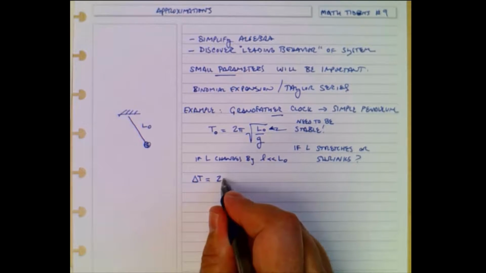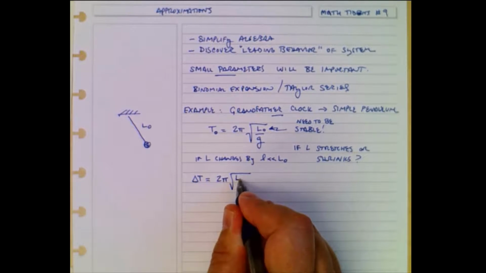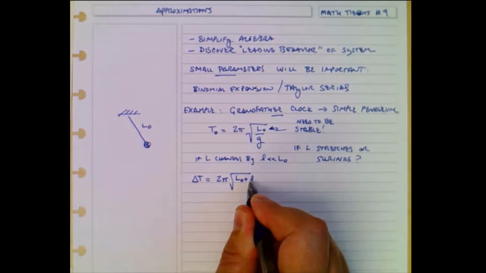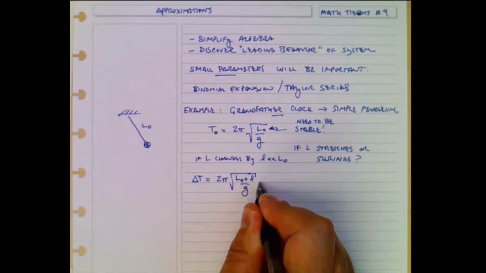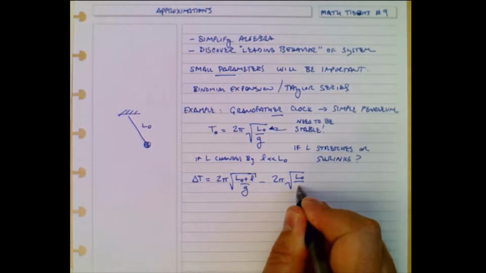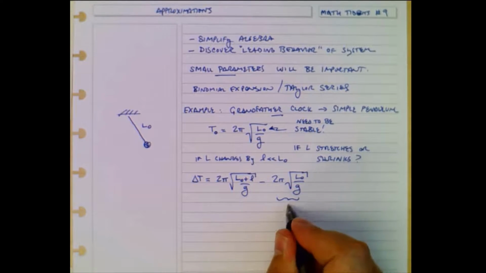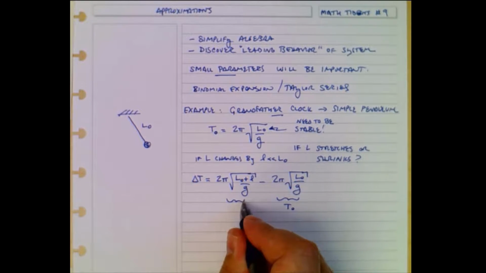Well, I would just write delta t as 2 pi times the square root of (L0 plus l) over g, minus 2 pi times the square root of L0 over g, right? Here's the original, and here is the new period.